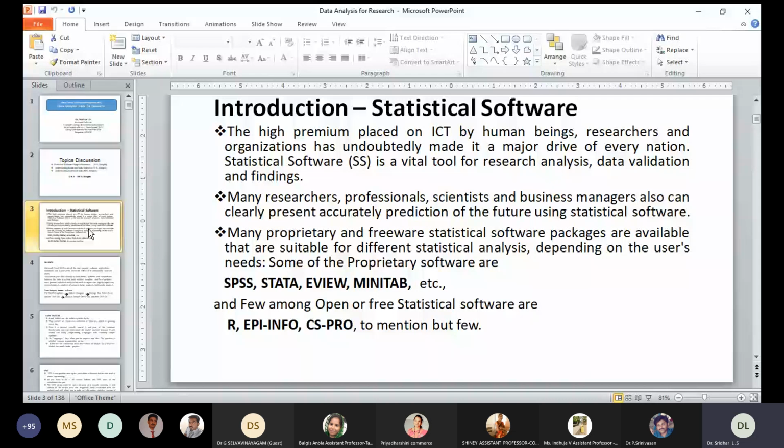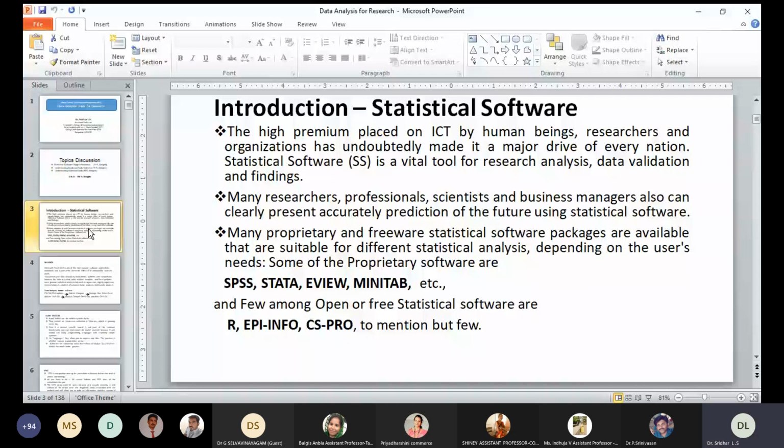It depends on what kind of research you are carrying out. For specific research apart from the social sciences, especially in the science field, you have to go for something else. R and MATLAB suit the majority of science and even social science research. R is free software, as you are aware.